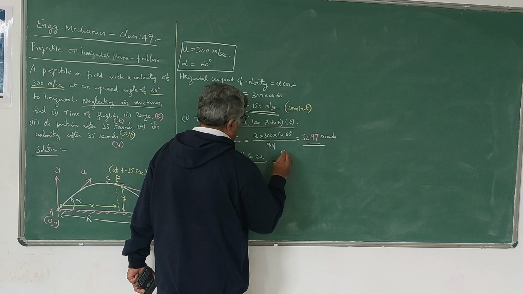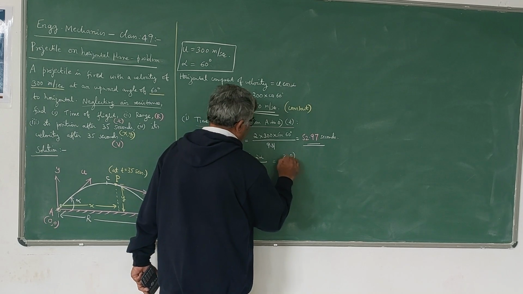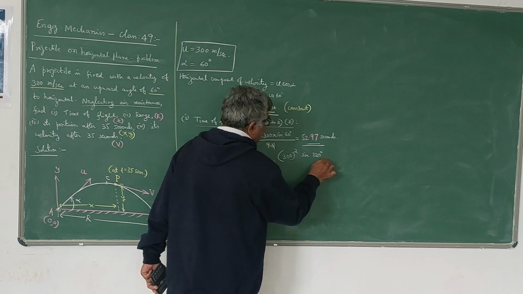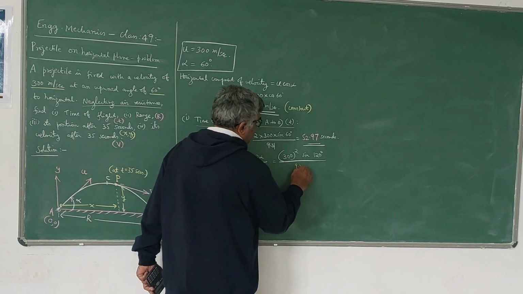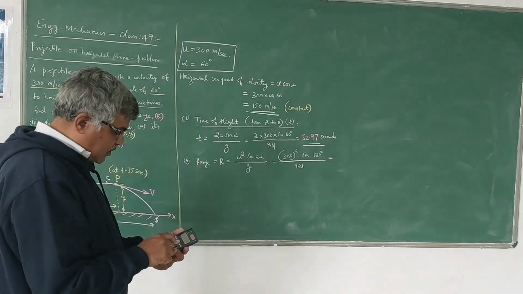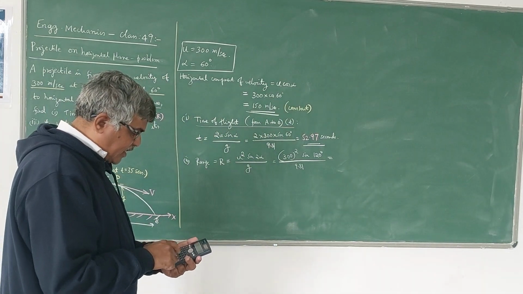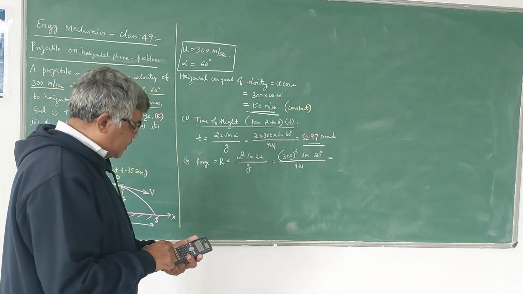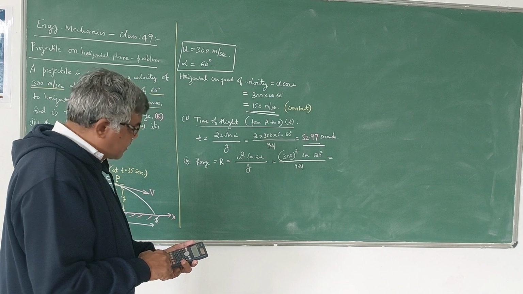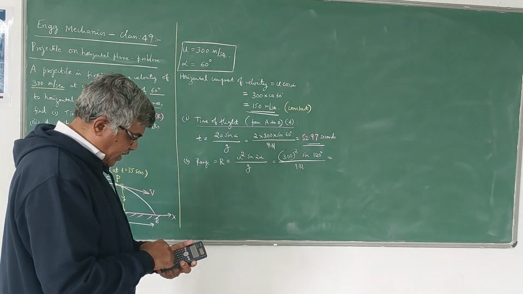So that is U square is 300 square into sin 2 alpha, means alpha is 60 degree, sin 2 alpha is sin 120 degree, divided by 9.81. So you will be getting the range in meters. So 300 square into sin 120 divided by 9.81.